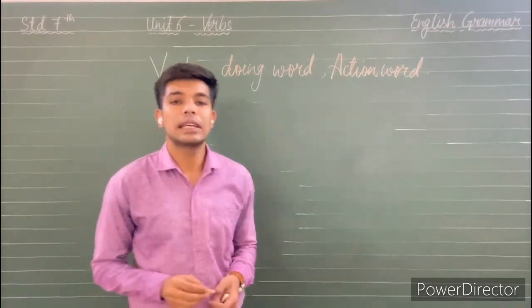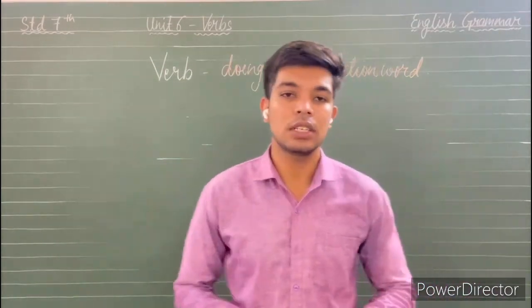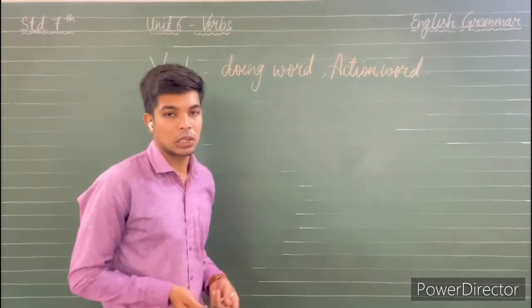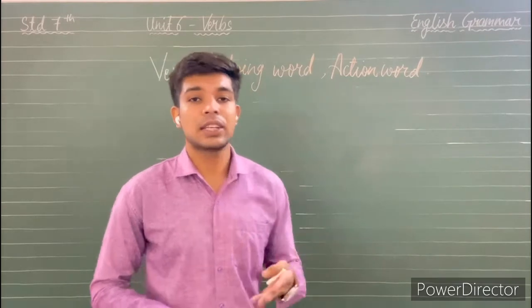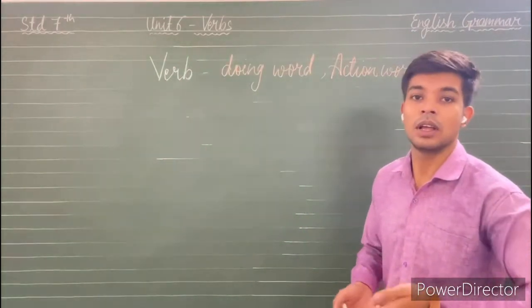In our earlier classes, when we were studying verbs, we learned that a verb is a doing word. It is also known as an action. It describes the action of the noun.